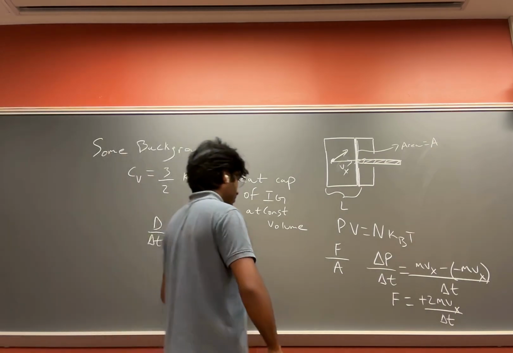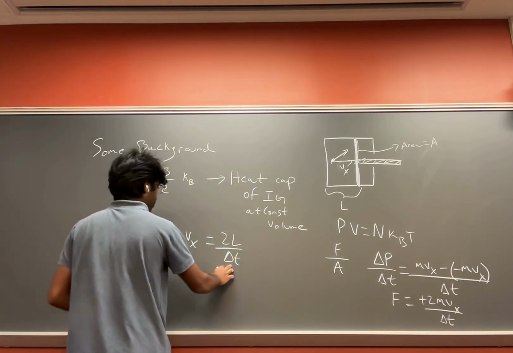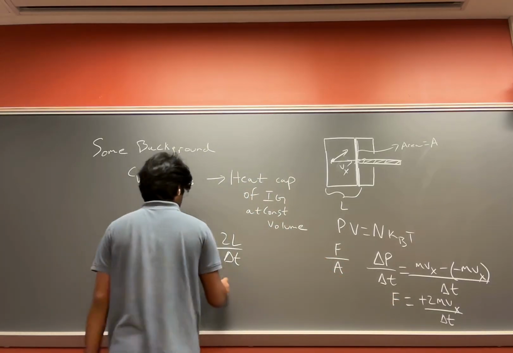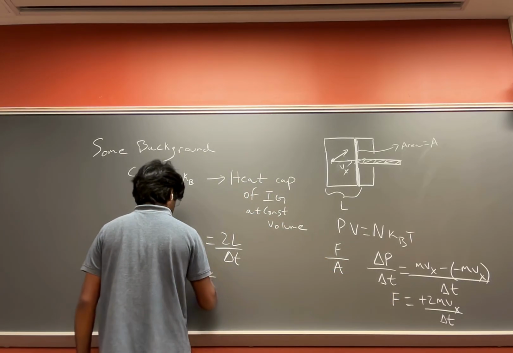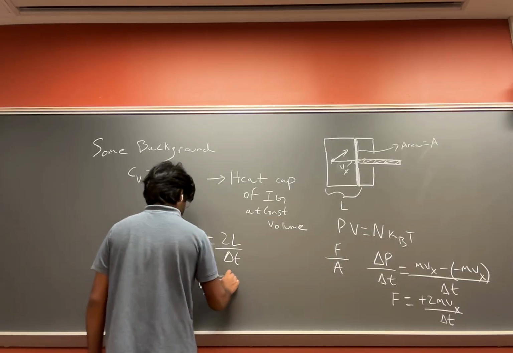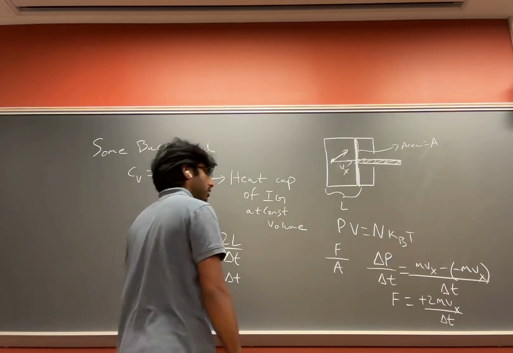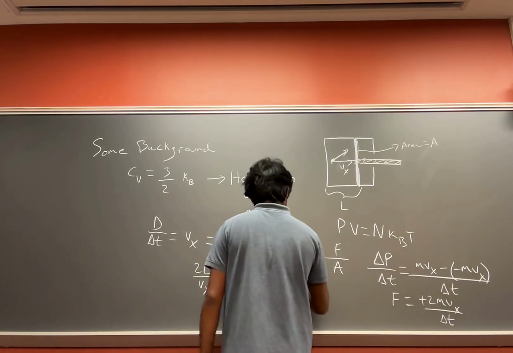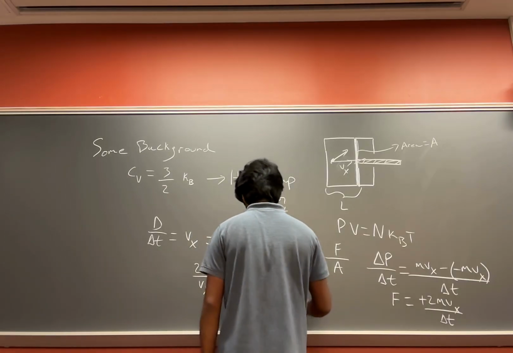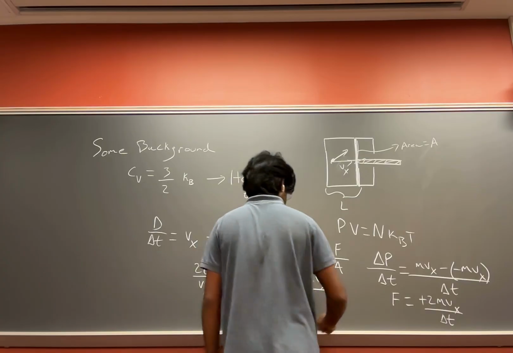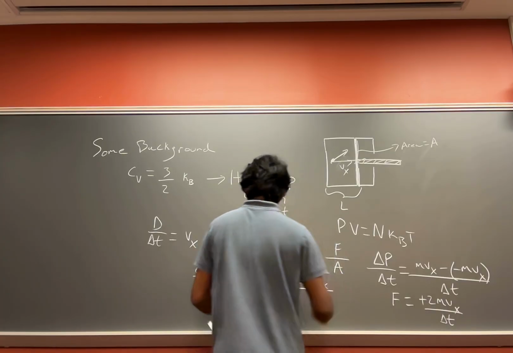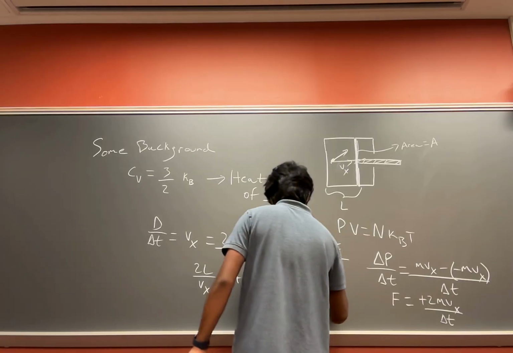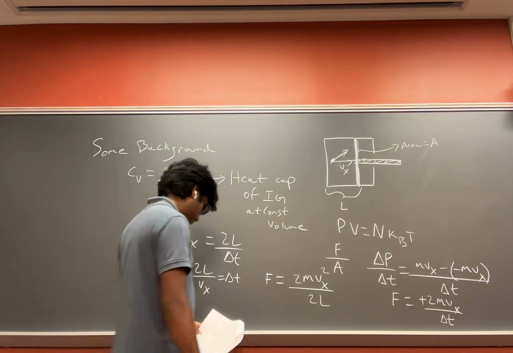From here, we can just plug in the expression for delta t back into the force equation. We see that 2L over Vx equals delta t. Therefore, the force becomes 2mVx over, plugging delta t into the denominator, 2L over Vx.